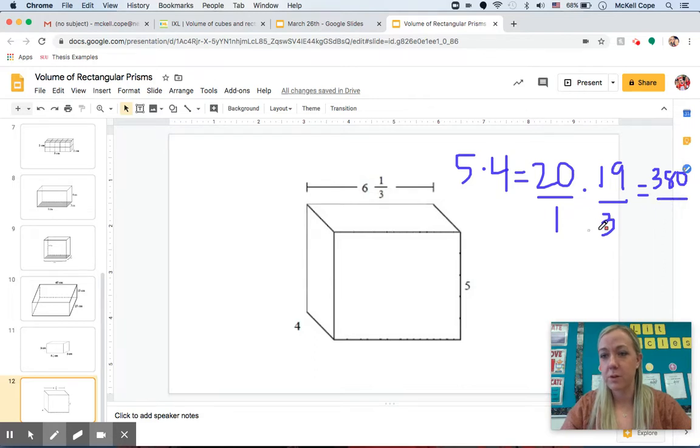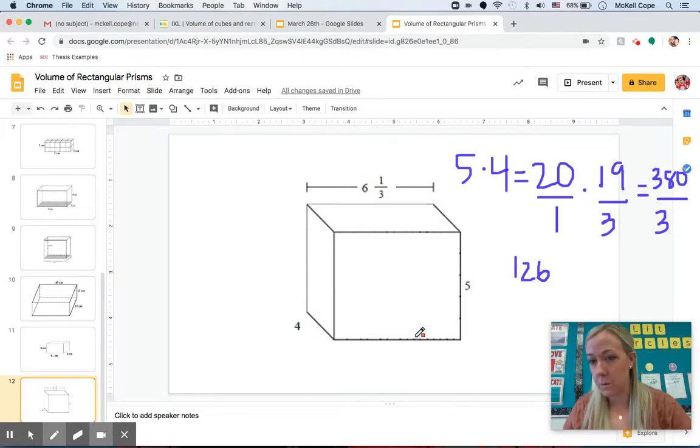And then I multiply my denominators, which is 1 times 3, which is 3. And then I'm going to divide these to give me my mixed number. So I want to know how many groups of 3 fit into 380. Well, let's take 380, divide it by 3, and I get 126 whole groups. So that's how many whole cubic units there are. And now I'm going to figure out the fractional piece.